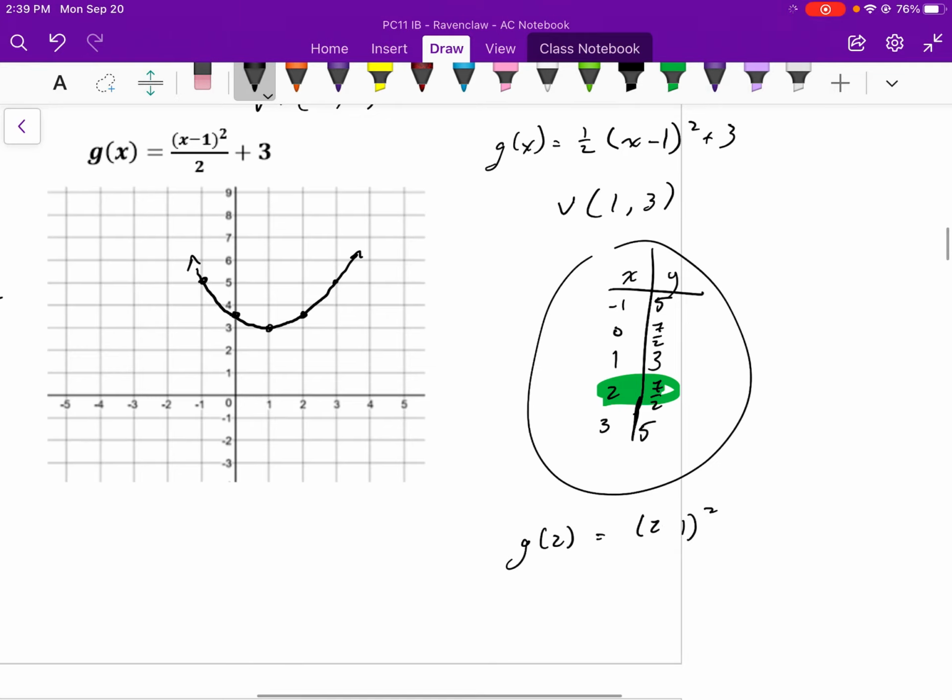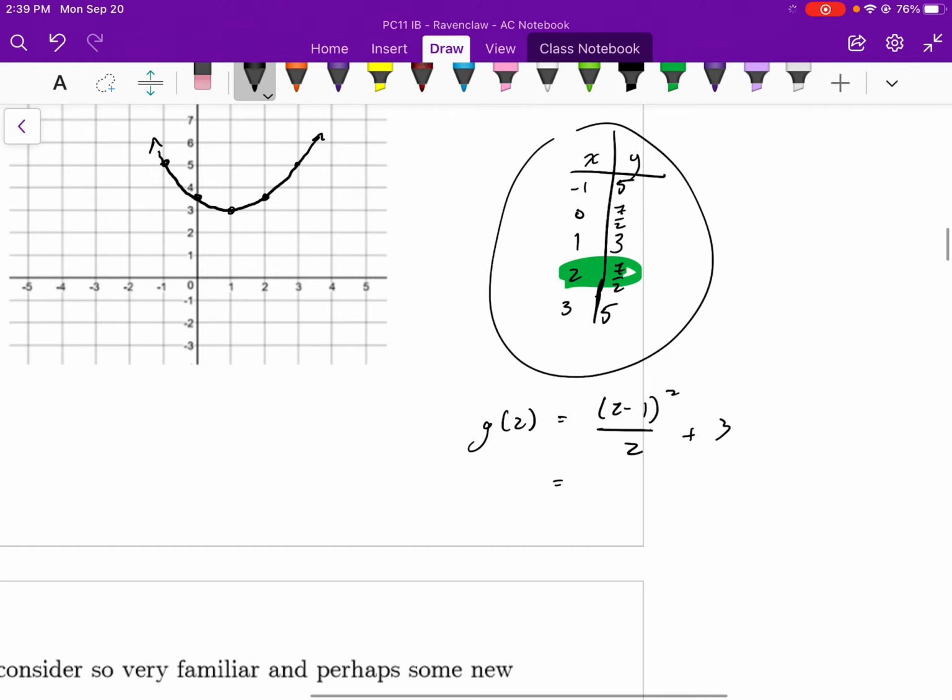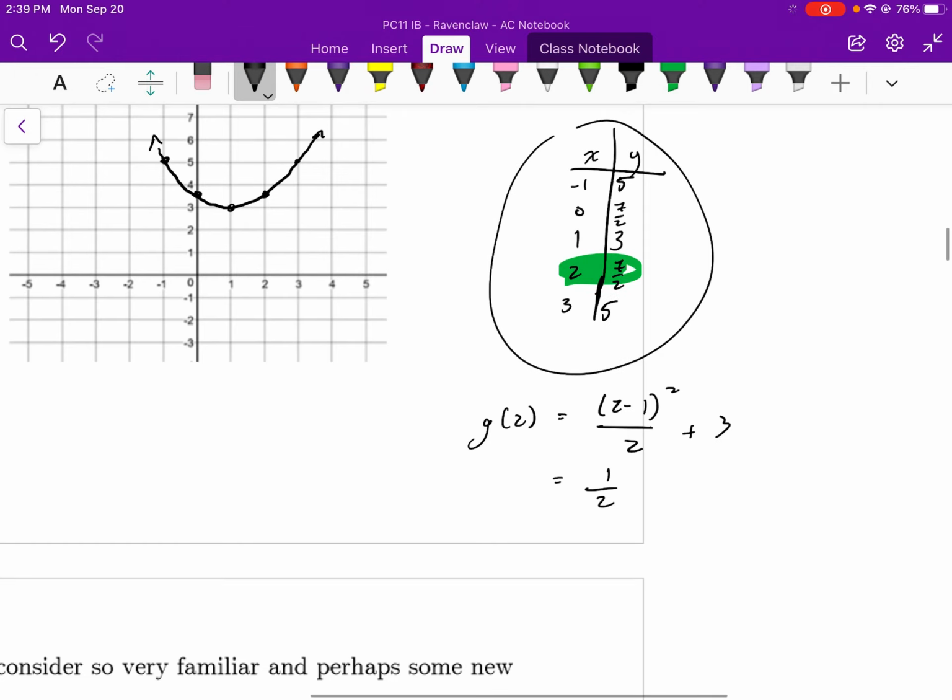It's really (2 minus 1) squared divided by 2, plus 3. And g of 2 is going to be 1 over 2, but only the numerator is squared, plus 3. So I get 1/2 plus 3. You settle on a common denominator of 2, so that's 6/2. So that'd be 7/2.